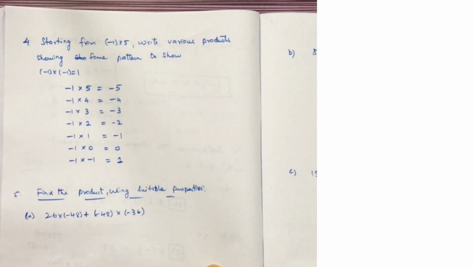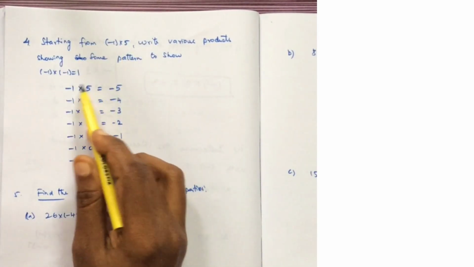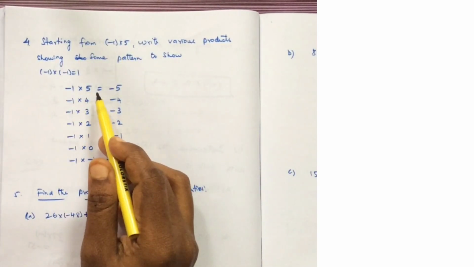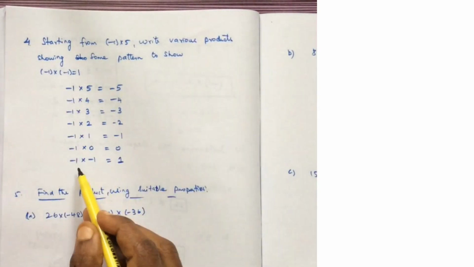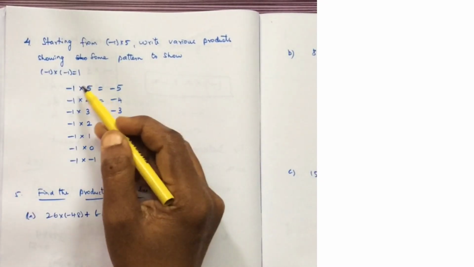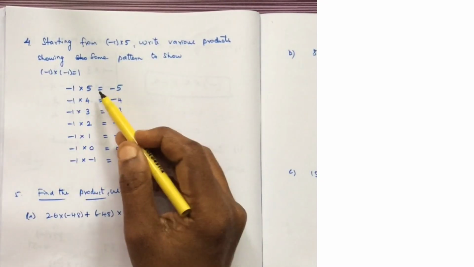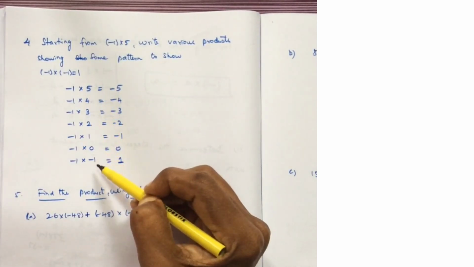Okay, now what it means is, starting from minus 1 multiplied by 5, we have to show that minus 1 multiplied by minus 1 is 1. Now here minus 1 multiplied by minus 1 is 1. See the pattern here, 5, 4, 3, 2, 1, 0, minus 1.